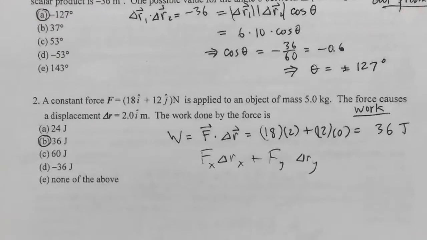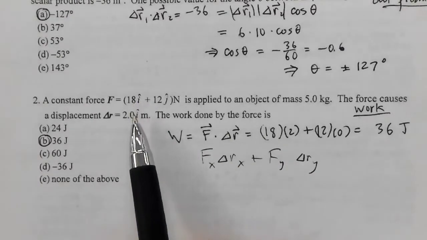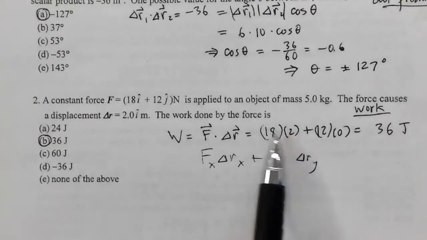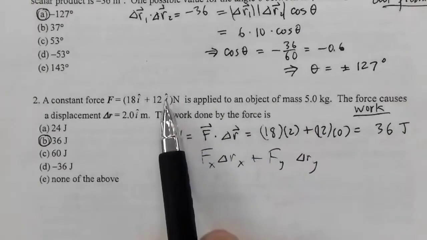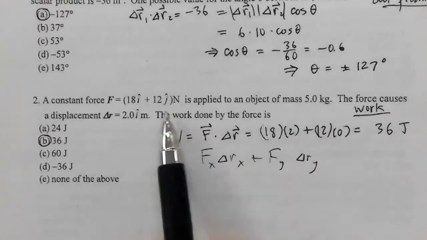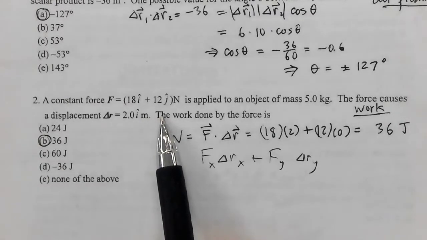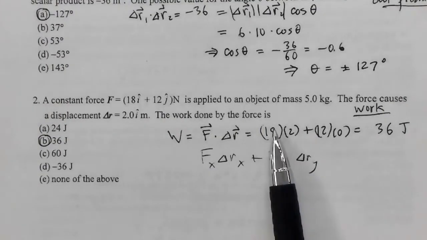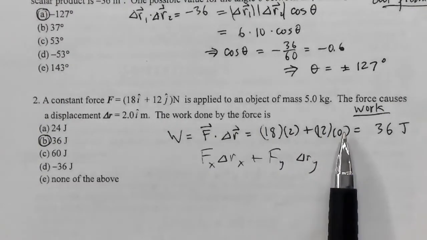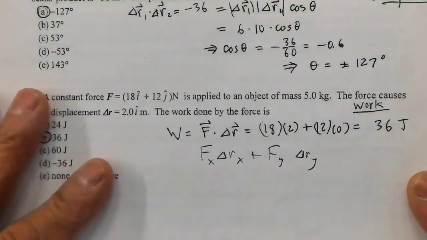So we have 18 as the x component of F, and 2 as the x component of delta r. For the y component, we have 12, and then we have 0 for the y component of delta r. Everybody's got that? Then you add these together, 18 times 2 plus 12 times 0, which is nothing, so you get 36 joules of work. Any questions about this?